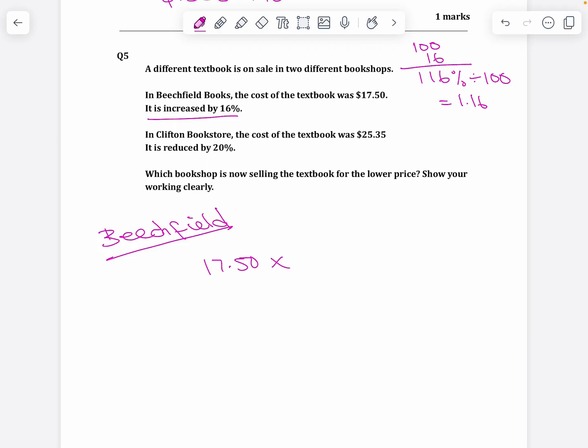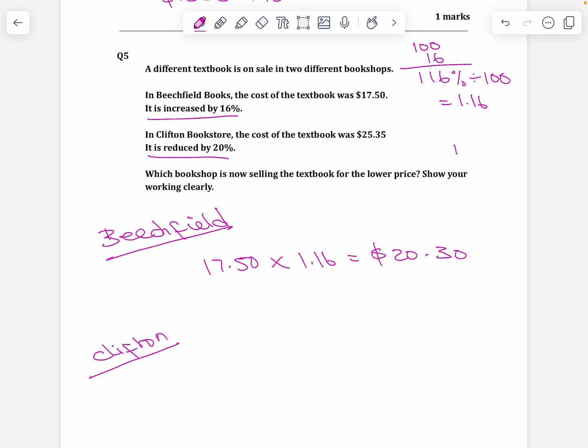Okay, so Beachfield, we're going to do $17.50 and times it by 1.16. And we can do that on our calculator, and that gives us $20.30. Now let's do Clifton. Now Clifton, it's a 20% reduction.